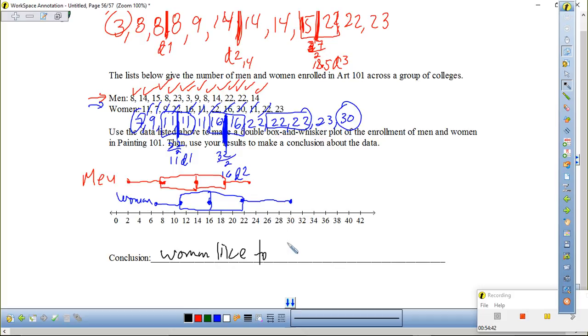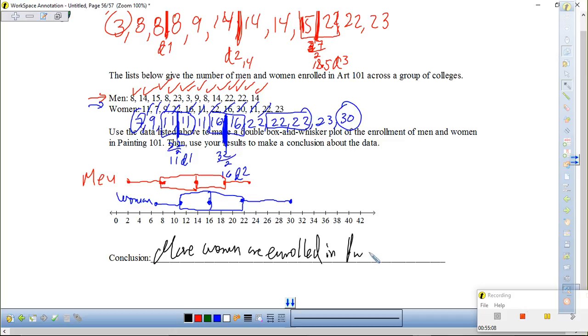More women are enrolled in Painting 101. Yes. All right, thank you.